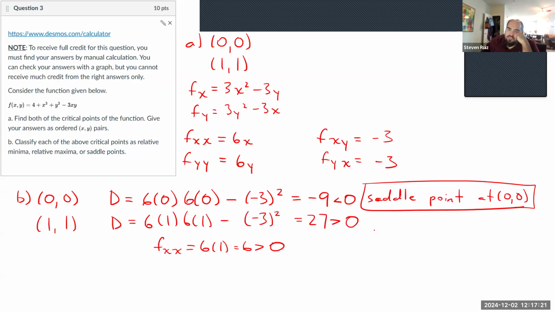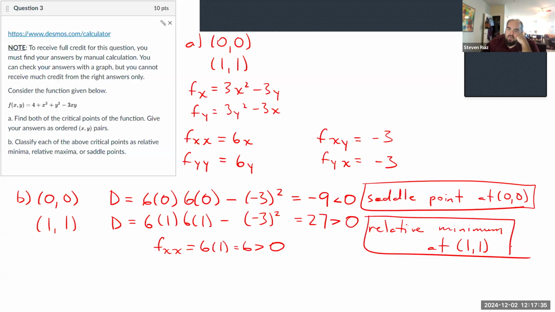That means we have a relative minimum at (1, 1). All right, so we've found both critical points and figured out what kind of critical points they were.